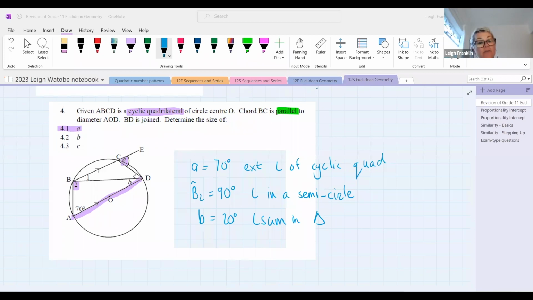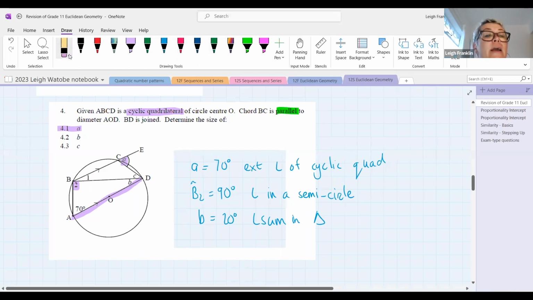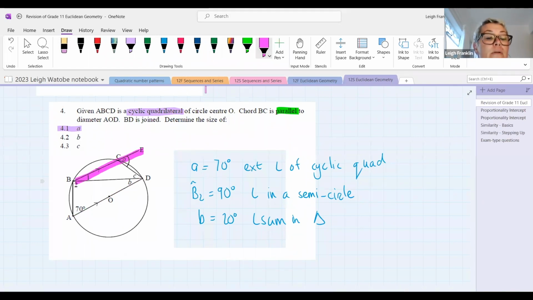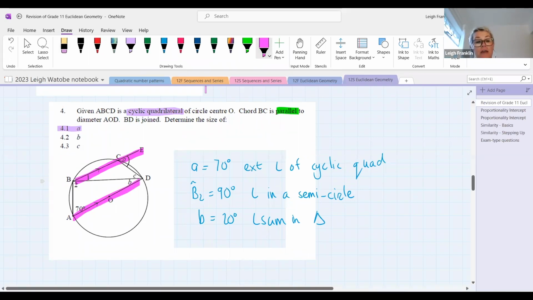All right, so angle C is going to be next. Because I have got parallel lines, I can see here, so I'm just going to point out the parallel lines to you again. Here they are. These lines are parallel over there. So the minute I have lines that are parallel, I start thinking about corresponding, co-interior or alternate angles.